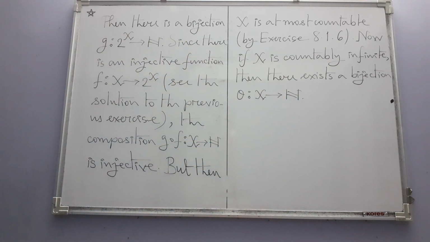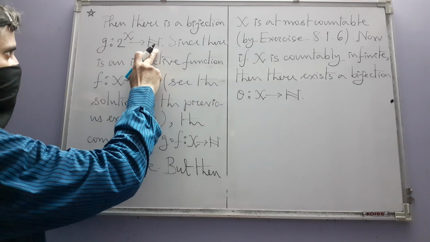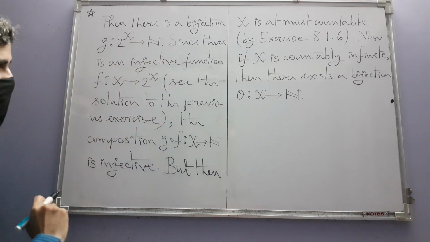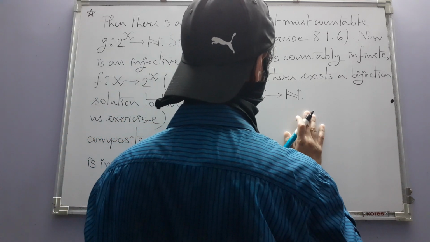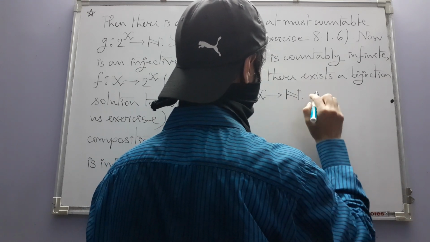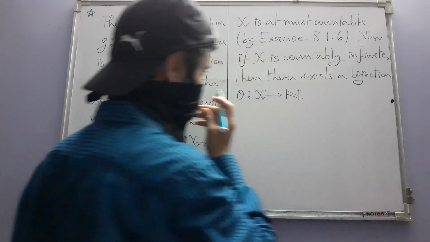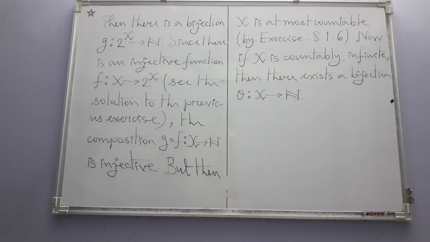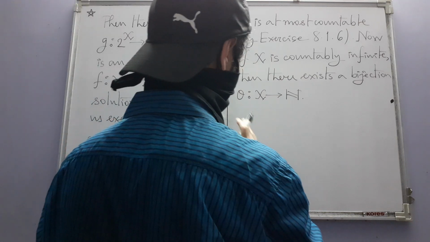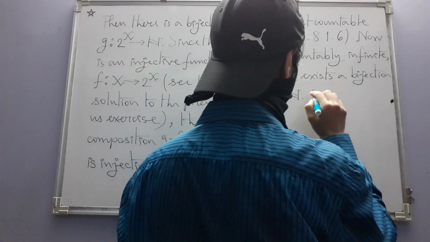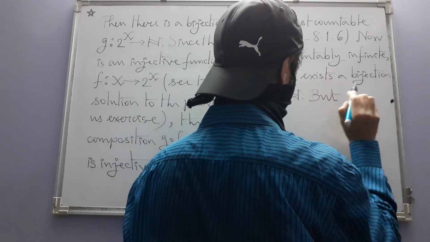Okay, but we already have another bijection from this into n. And we can use these two things, that is, we can compose these two, not exactly these two but something else, to create a contradiction.